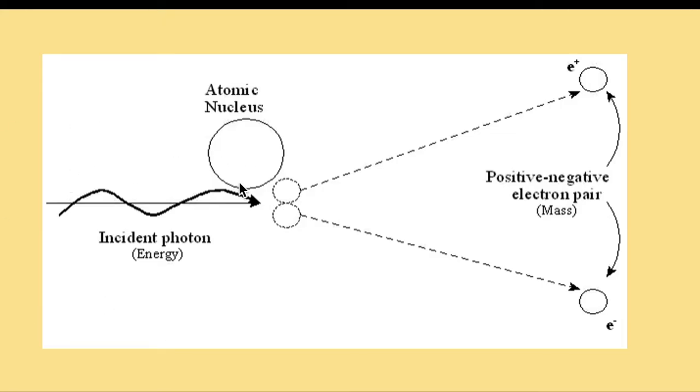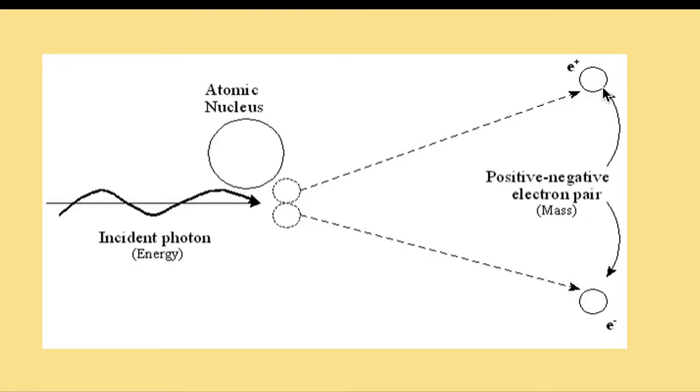And this is a pictorial representation. This is the nucleus. When your incident photon comes near, suddenly these two particles appear here, and the photon disappears. So electron and positron.